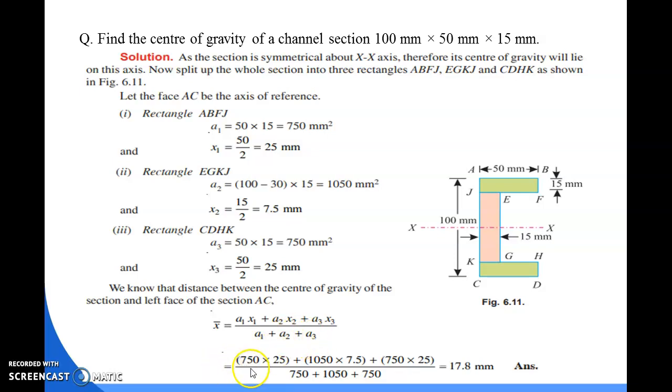So here, by putting the value of A1, x1, A2, x2 and A3, x3, we have the value is 17.8 mm. So here is the answer of center of gravity of this channel section along the x-axis.